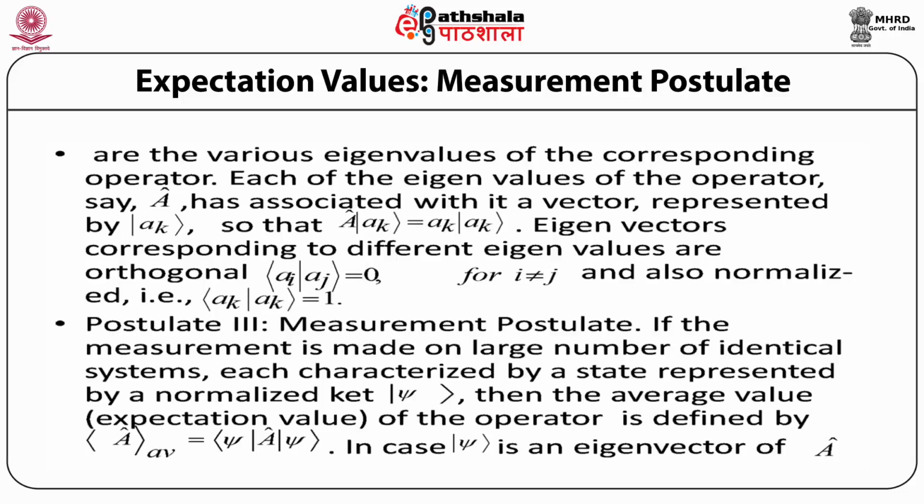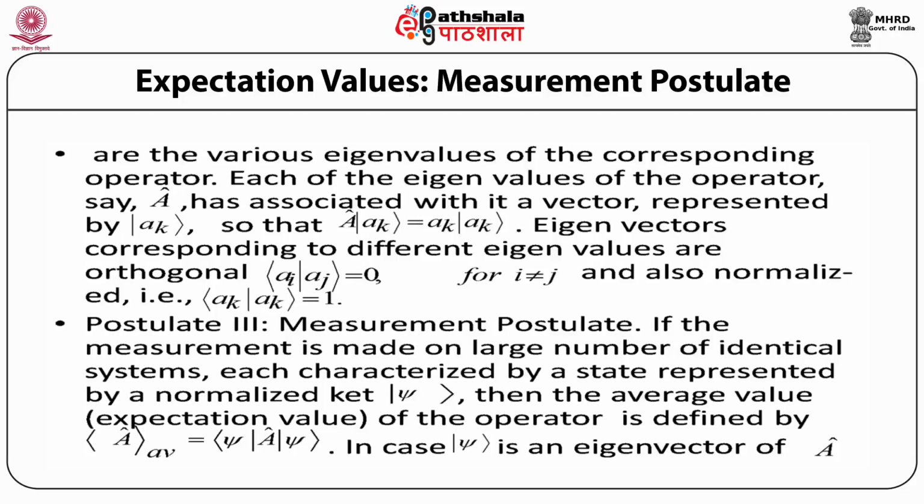Eigenvectors corresponding to different eigenvalues are orthogonal, that is, bra vector AI ket vector AJ is equal to 0 for all I not equal to J, and also normalized, that is, bra vector AK ket vector AK is equal to 1.